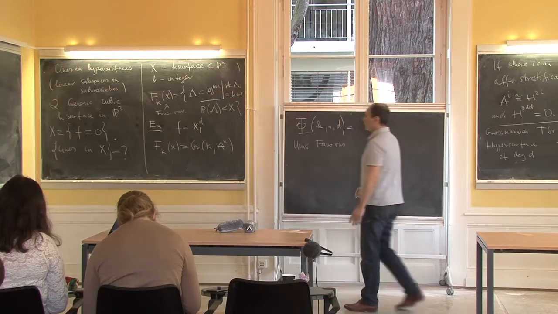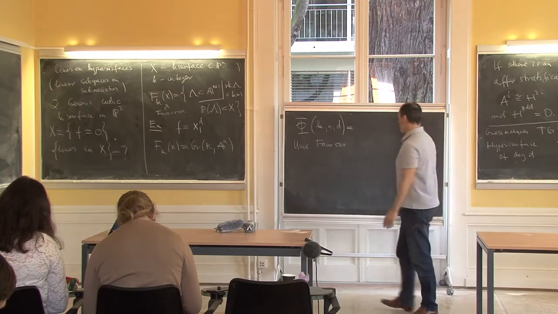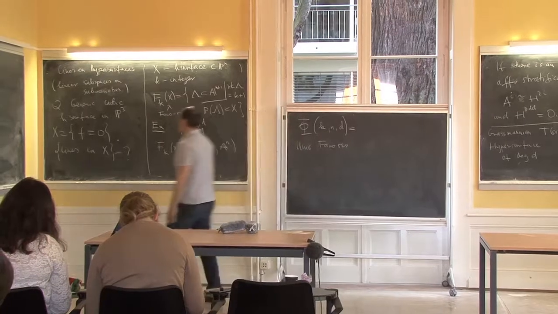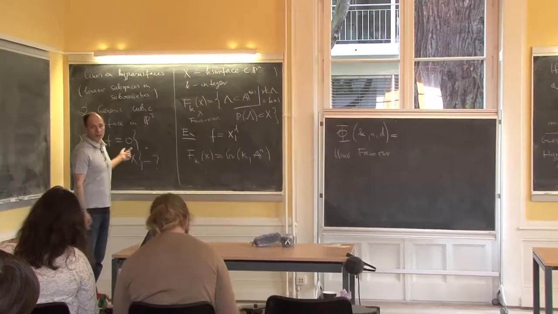And we are going to do the following. I'm just going to put the whole thing together. So how am I going to do that? I'm just going to take the space of all hypersurfaces. They're easy to describe because they're just given by a single polynomial.